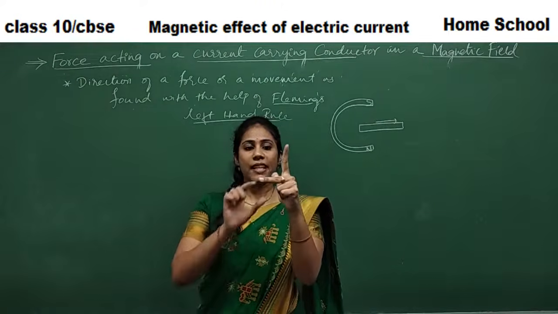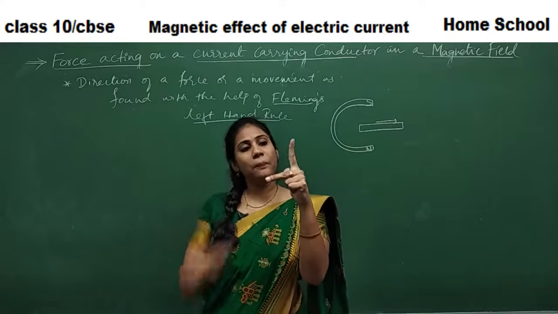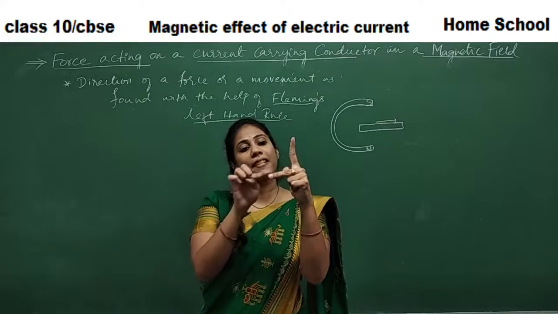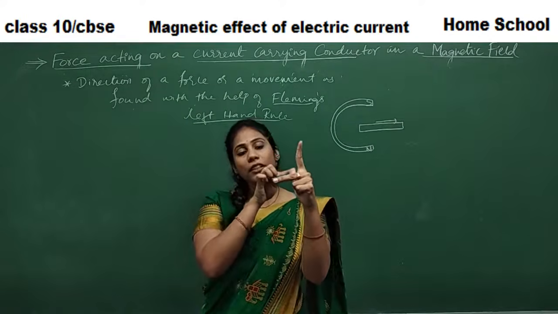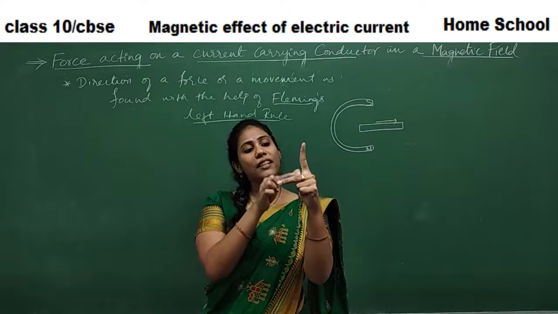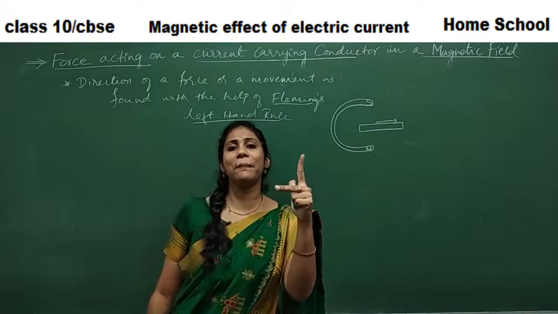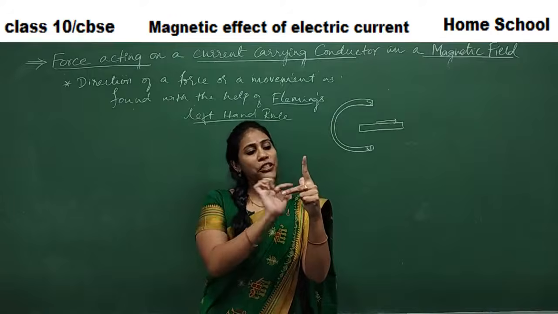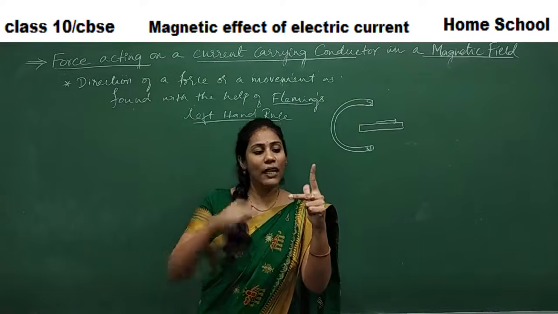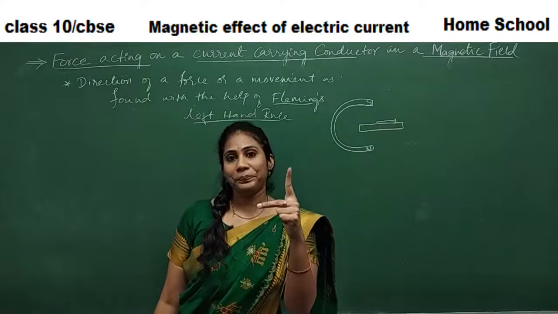If you stretch them as much as possible, you see this finger is perpendicular to this finger, this finger is perpendicular to this finger, and this finger is perpendicular to this also. All the three are mutually perpendicular to each other. You take any two fingers, their position is perpendicular. That's what we call all the three fingers are mutually perpendicular to each other.